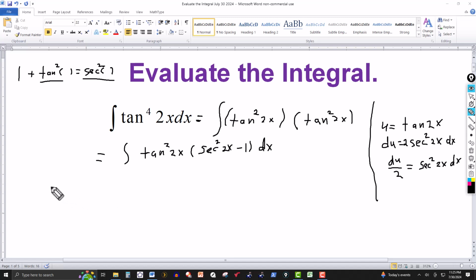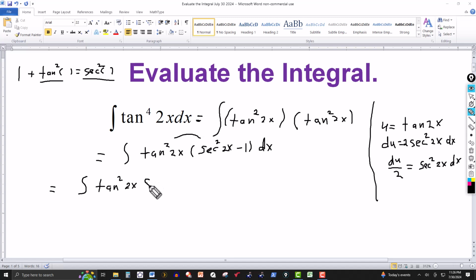So I'm going to break this up into two integrals. Multiply through by secant squared here, or multiply by tangent squared of 2x, I should say. I'll get this. And multiplying here with the secant squared. So this multiplies through the parentheses.